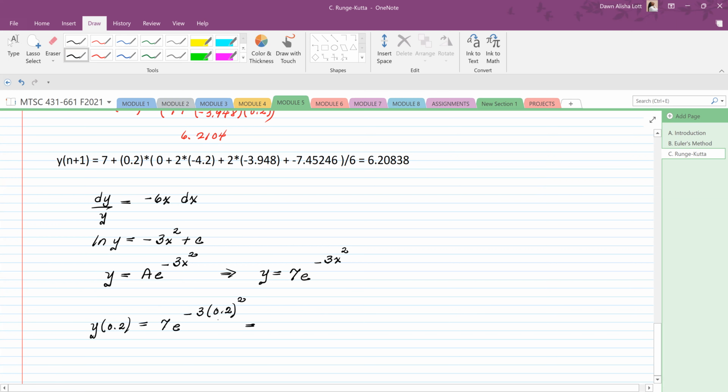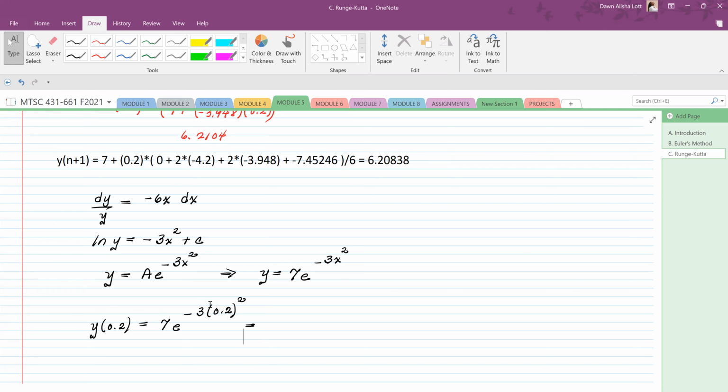Okay, I knew right away that that original answer was wrong. So I'm going to take 7, multiply it by e to the negative 3 times 0.2. And I get, wow, that's beautiful.